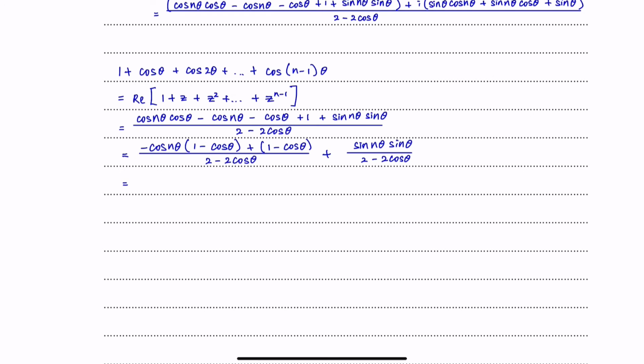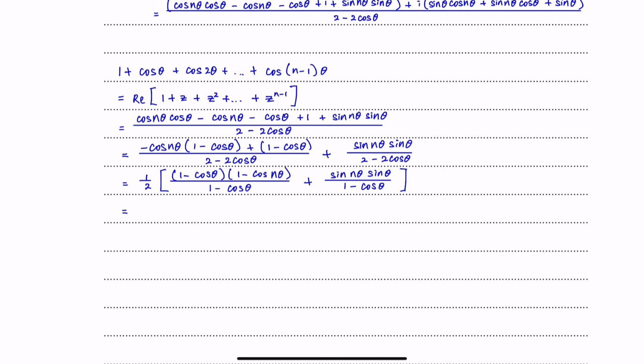And we can get half of 1 minus cos theta times 1 minus cos n theta over 1 minus cos theta plus sine n theta sine theta over 1 minus cos theta.